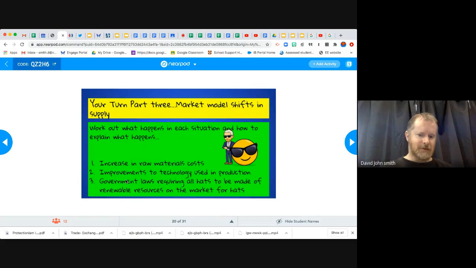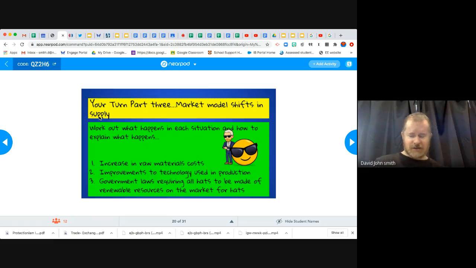All right? So you're given, in this case, say, an increase in raw material costs. So you've got a market model. It might be the market model for hats, right? Who knows? And there's been an increase in the raw material costs, which means, which curve are we talking about? Supply. Excellent.